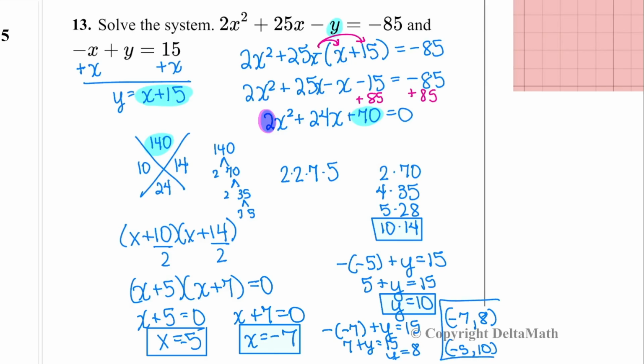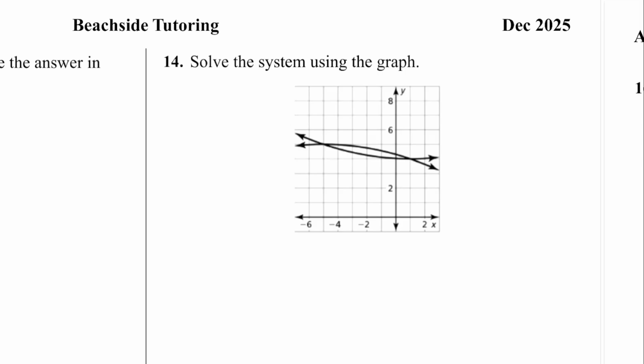These are the two solutions to the system of equations there. Solve the system using the graph. This is very simple. All we have to do is look at the intersection points of our two graphs. So this is going to be from the origin negative 5, 5, and also from the origin 1, 4.